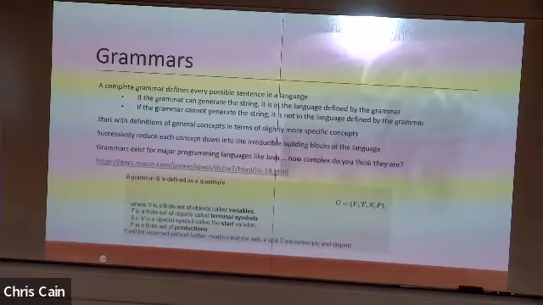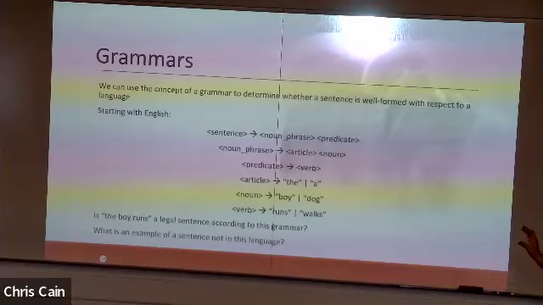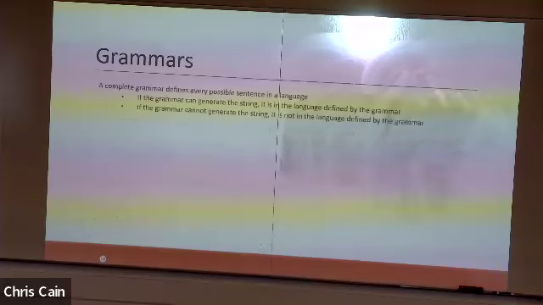It's a member of the set of variables where everything begins. Notice how in the prior example, we had sentence, and every possible, is this string in this language, yes or no, is going to start with this most abstract start place, sentence. Every sentence in English is a sentence. It defines itself.